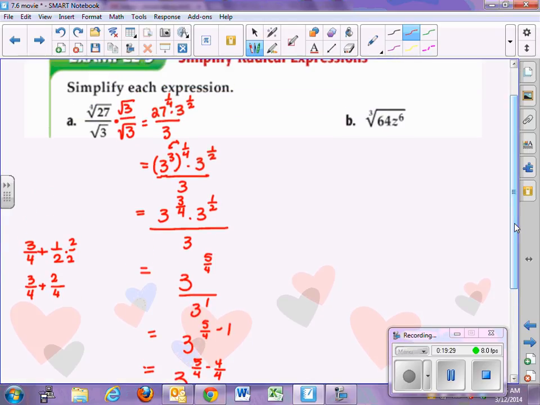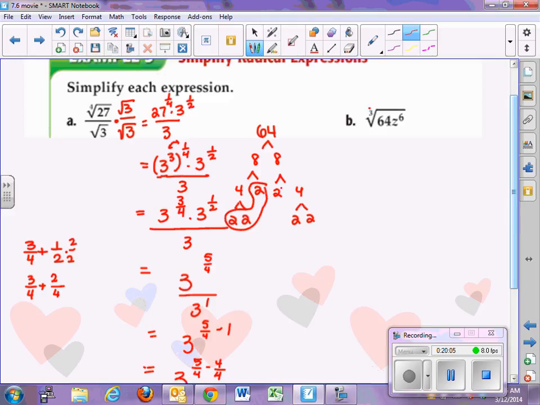All right, let's try something up here. It's actually quite different. This one's saying, this is like the other lesson, actually. 64 is what? I'm going to break 64 down. I know it's 8 and 8, and 4 and 2 and 2, and 4 and 2 and 2 and 2 and 2. So in other words, I have to circle three numbers in order to pull one out, because it's the third root.